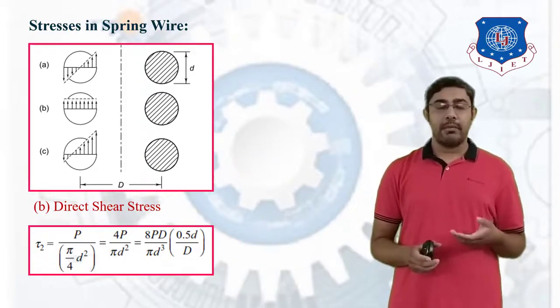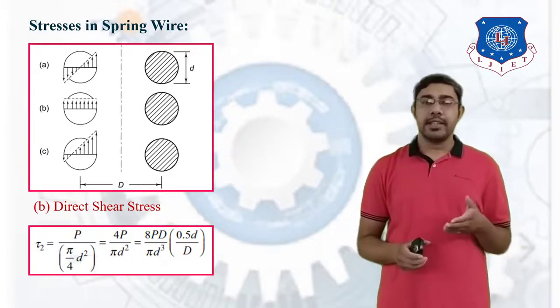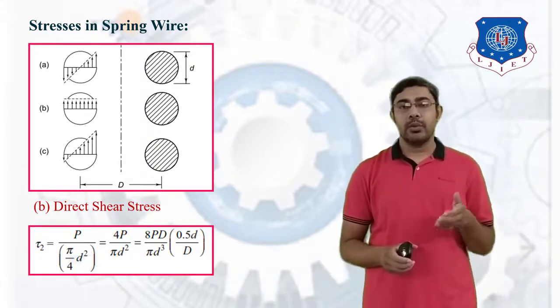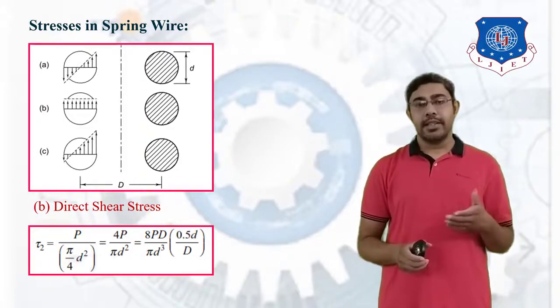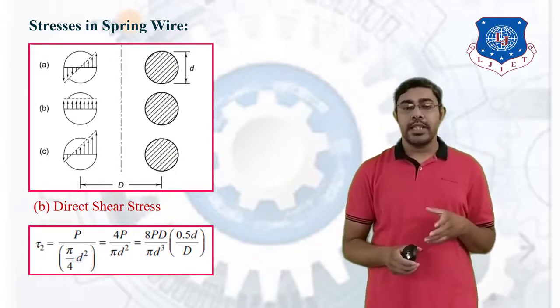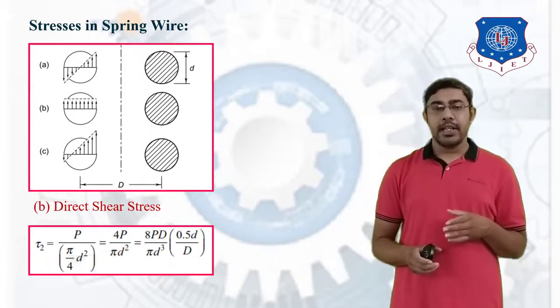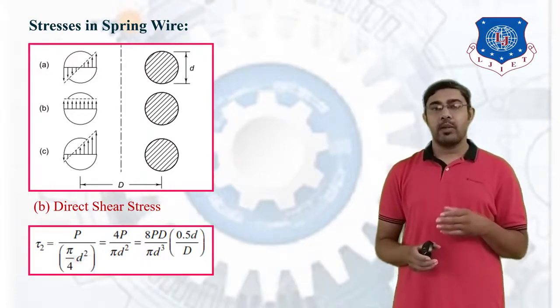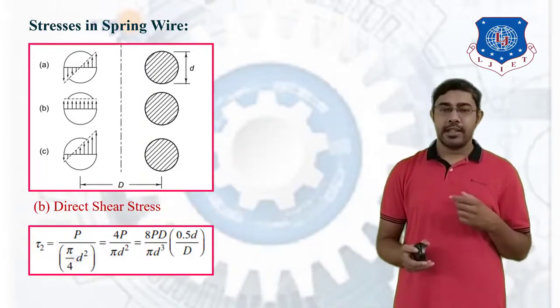If we simplify these equations, we get tau 2 equal to 4P divided by pi d square, and if we further simplify, we get tau 2 equal to 8PD divided by pi d cube into 0.5 small d divided by capital D. So this is the direct shear stress.